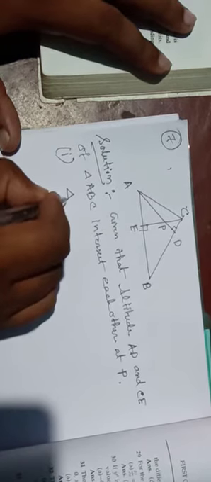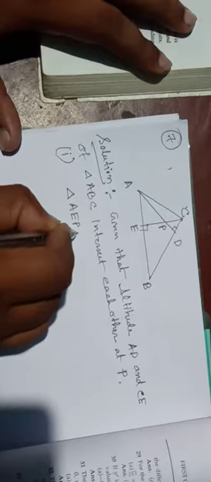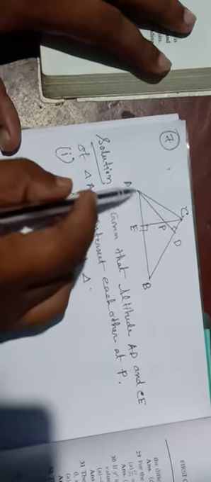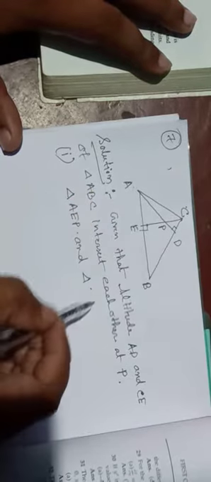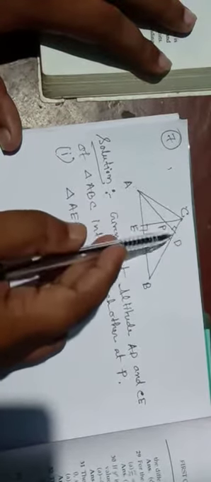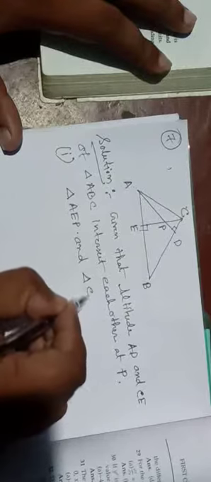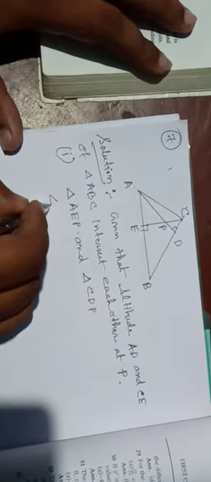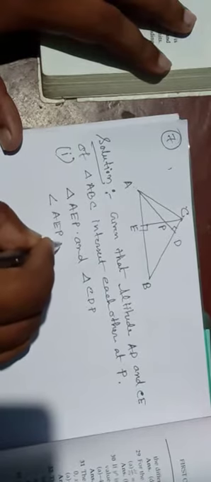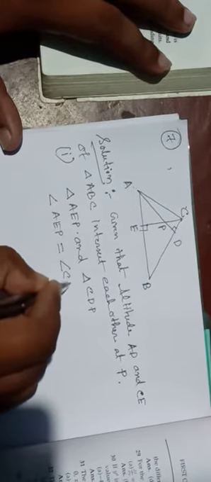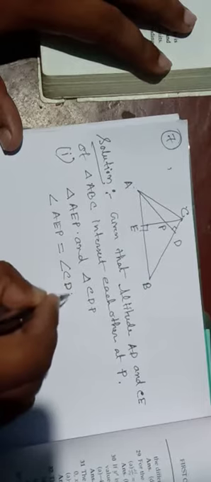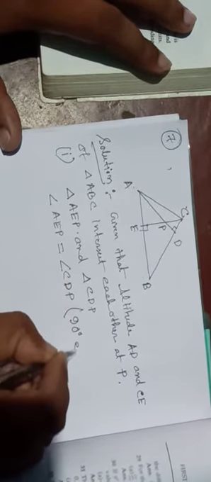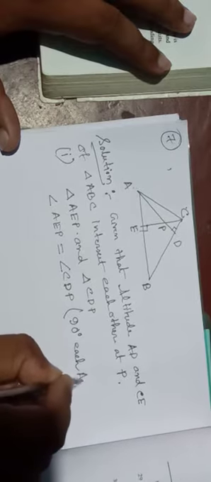In triangle AEP and triangle CDP, angle AEP will be equal to angle CDP, because 90 degrees each.